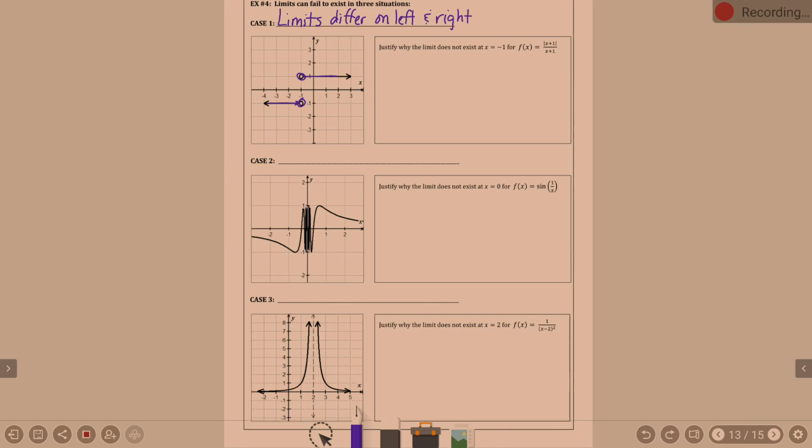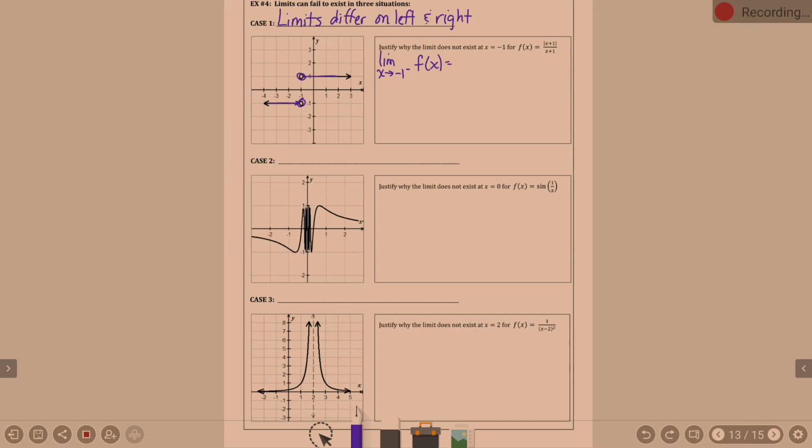And in terms of justification, write out your limits here. So if we look at the limit as x approaches -1 from the left of f of x, what is it?